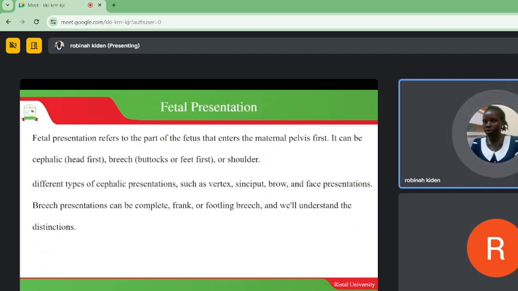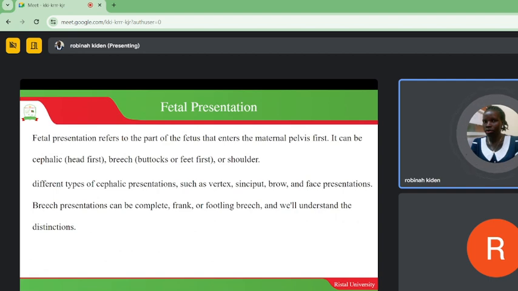Let's look at fetal presentation. Fetal presentation refers to the part of the fetus that enters the maternal pelvis first. It can be cephalic, where the head enters first, or breech, where the buttocks or feet enter first, or shoulder.